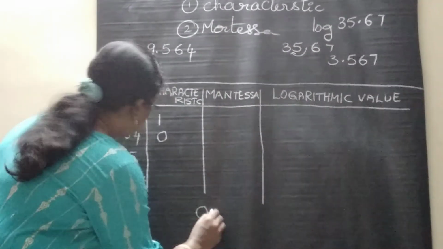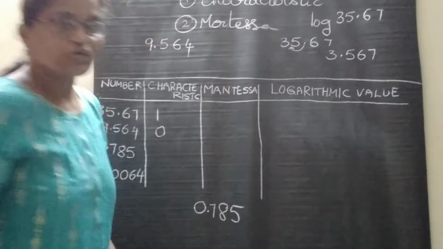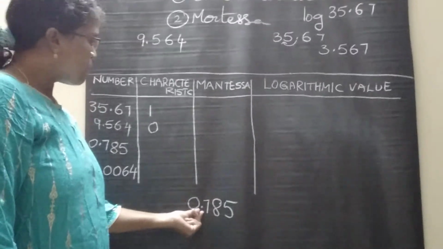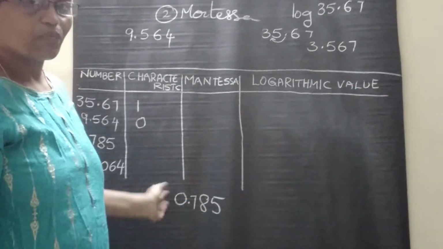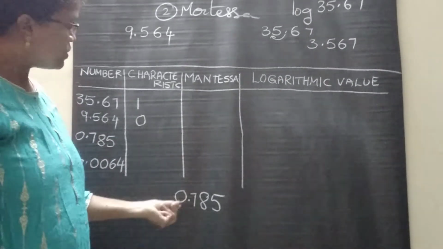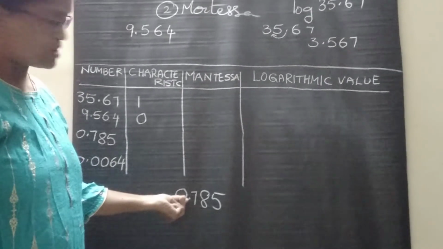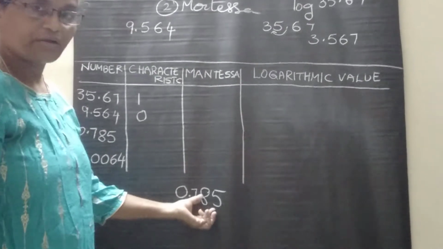Now take the third one, 0.785. Here also the point is after 0, that means after one digit, but there should be a nonzero number. So we have to move this decimal point to between 7 and 8.